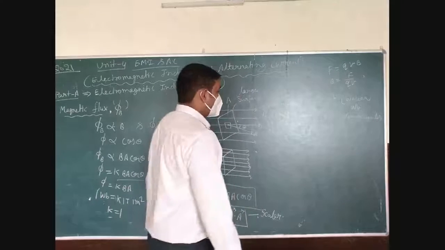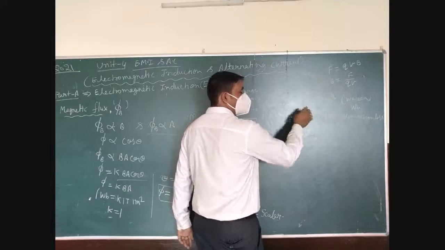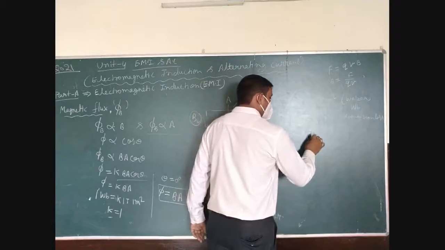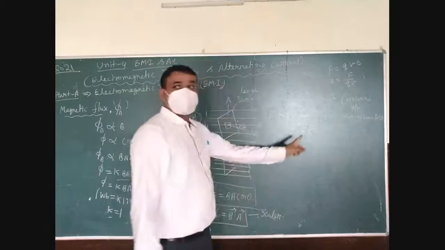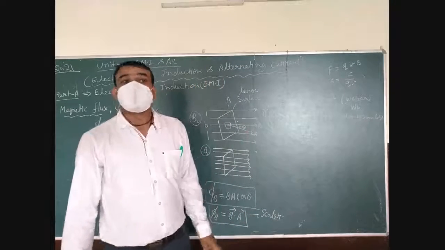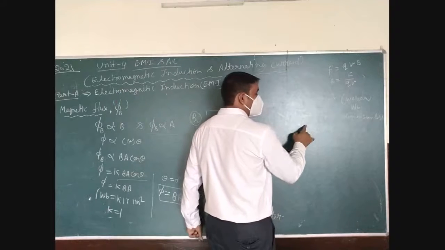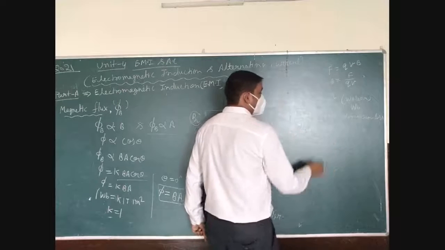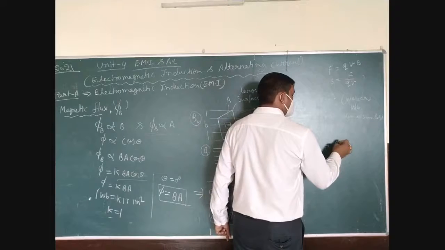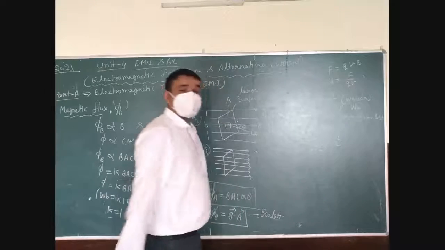Okay, so the dimension of F is M L T minus 2. Dimension of Q is A T. Dimension of V is L T minus 1. Dimension of A is L square.